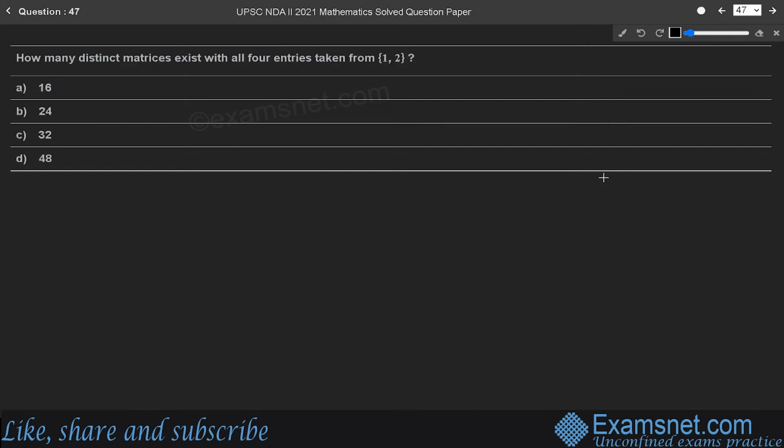Next question is how many distinct matrices exist with all 4 entries taken from 1 and 2. See, the digits here are 1 and 2, and let the matrix be A, B, C and D. Let this be our matrix.